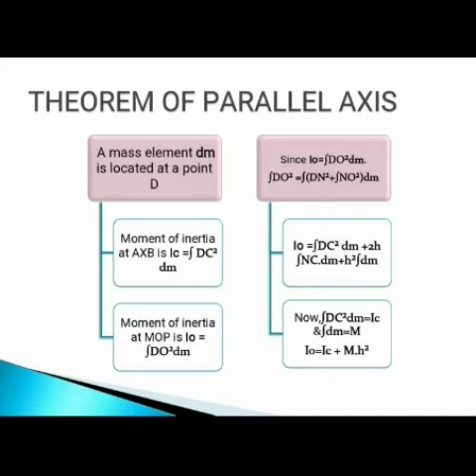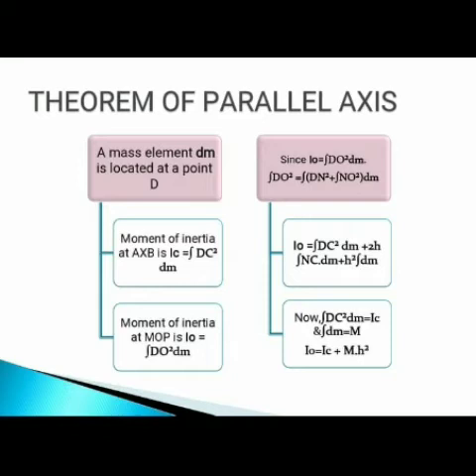When we solve, the integral of dc square dm is the moment of inertia about the axis AXB, and the integral of dm is the mass of the body. So the final formula we obtain is IO equals IC plus m h square.